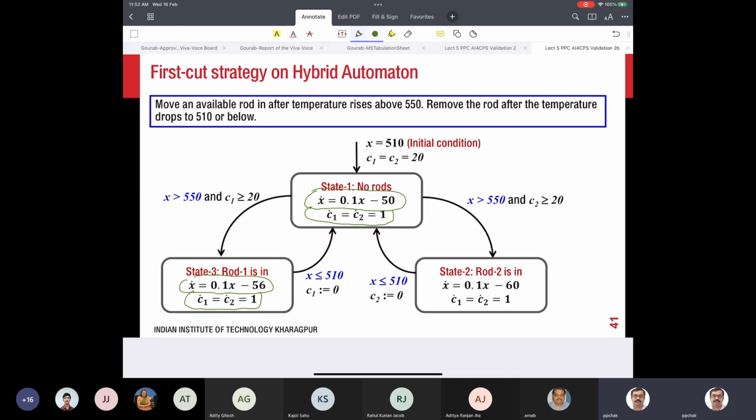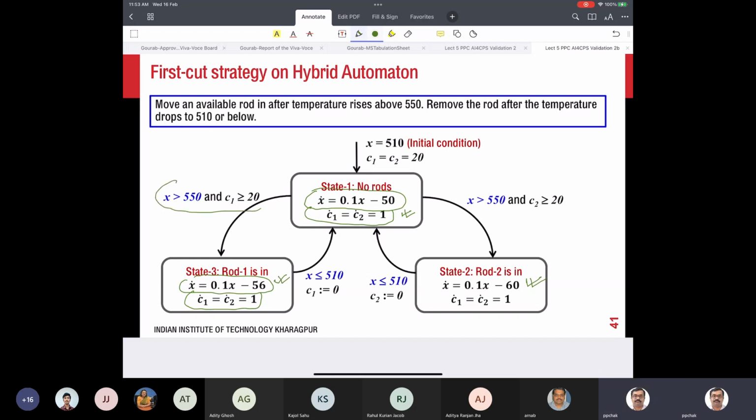And it says that when there are no rods, then the temperature reduces and the time step also increases. When rod 1 is inside, this is the rate of temperature change. When the second rod is inside, this is the rate of temperature change. And you want one of the two rods inside.